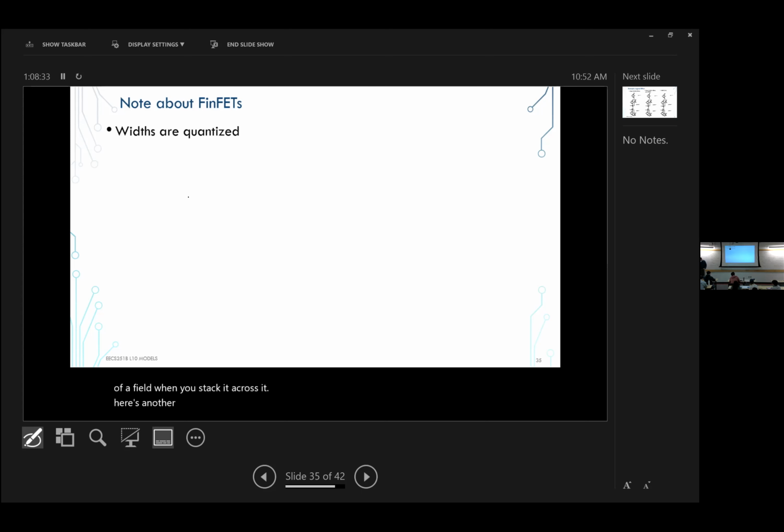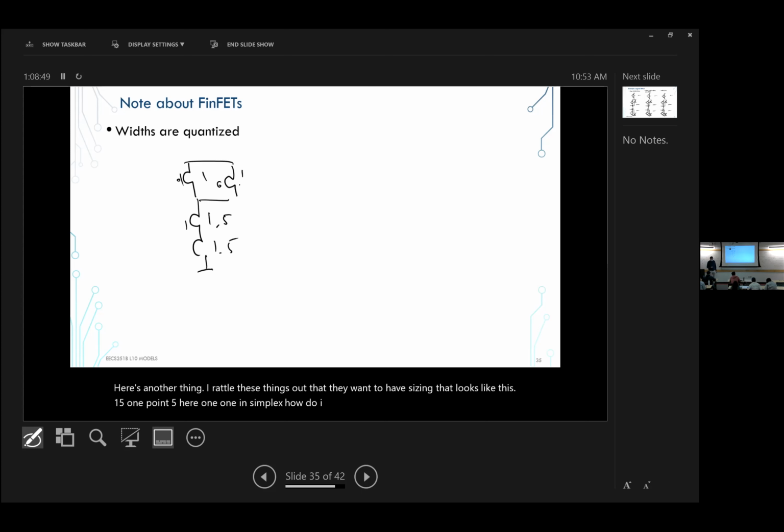I rattle these things out, you know, that I want to have sizing that looks like this. 1.5, 1.5 here, 1 in FinFETs. How do I make 1.5 width in FinFETs? I don't.